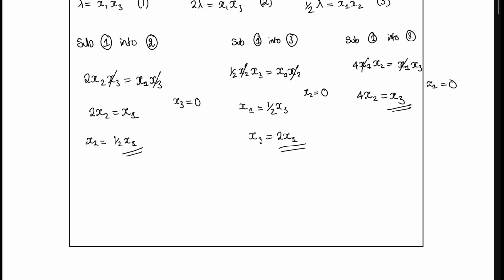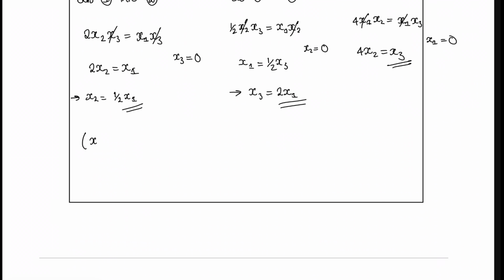Cool. If we look at these first two equations, keeping x1 the same, we can write x2 as a half x1, and we can write x3 in terms of x1 as 2x1. So here we have some sort of general solution.